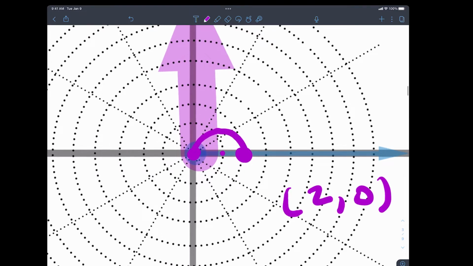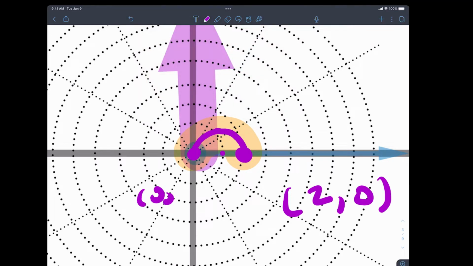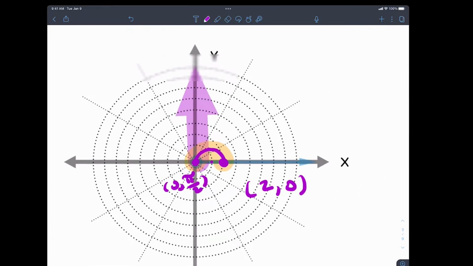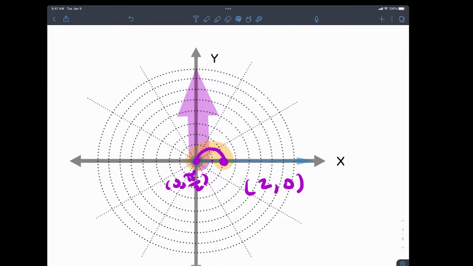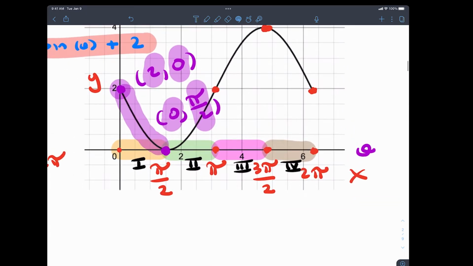This is the quadrant 1 I'm referring to. Quadrant 1 portion. So you start at (2, 0), and you went to the pole because the pole is (0, pi over 2). What happened to that radius during the rotation? It went from 2 to 0. Is that right? You say, how do I know? Because of this curve, it's telling me.